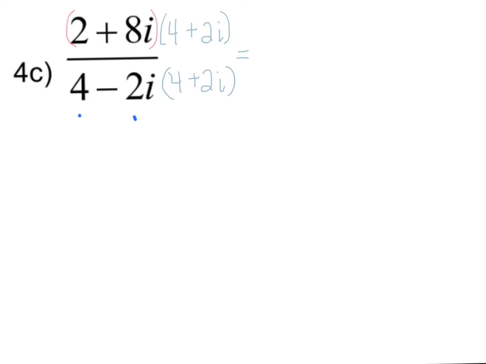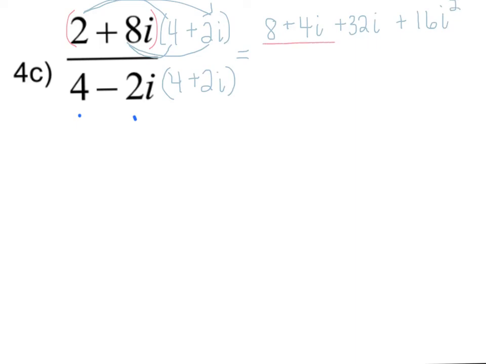So I'm going to multiply, and I'll do everything on top in light blue. 2 times 4, that's 8. 2 times 2i, that's 4i. 8i times 4 is 32i. And 8i times 2i is 16i to the second.